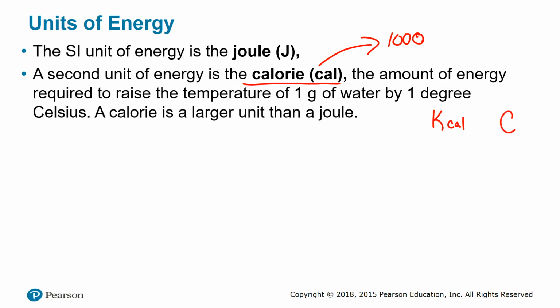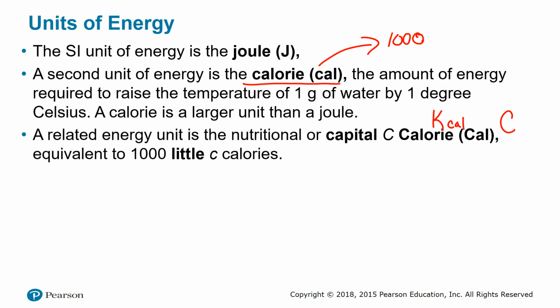All right. So food Calories represent 1,000 little calories. So the related energy unit for nutrition, we use a capital C for the abbreviation, or we can say kilocalorie, KCAL, is equivalent to 1,000 little calories.